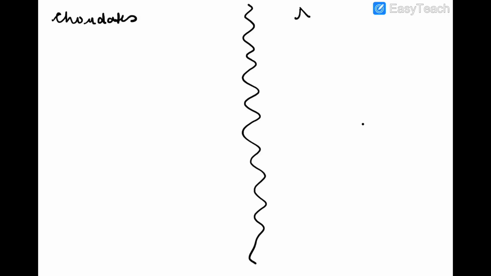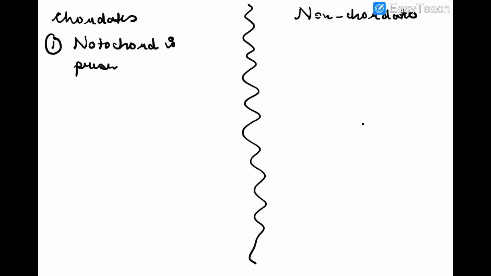Now let us look at the major differences between chordates and non-chordates. The first difference is obvious: in chordates notochord is present, whereas in non-chordates notochord is absent.